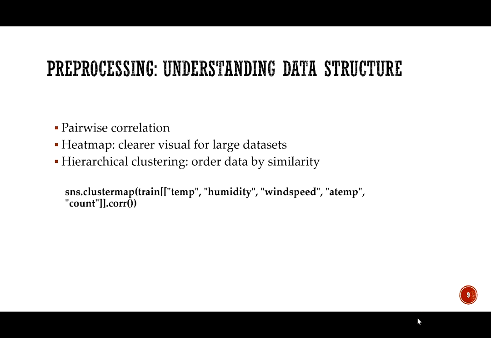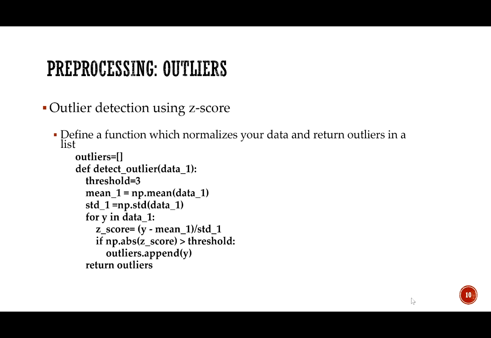Okay. So far we talked about descriptive statistics and some correlation analysis, like a bivariate data analysis. Now I would like to talk about outlier detection using z-score.